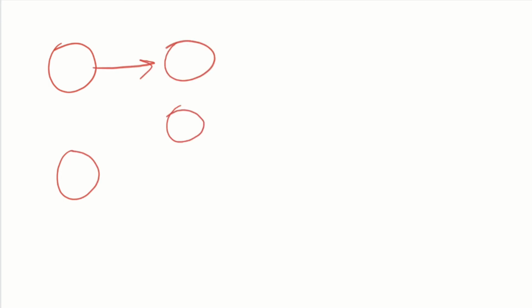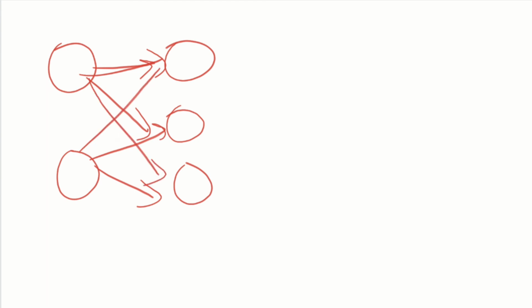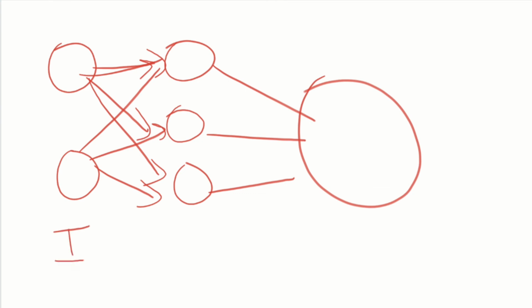If we have input, it passes through certain hidden layers and then brings an output. So this is input, these are hidden layers and they generate output.